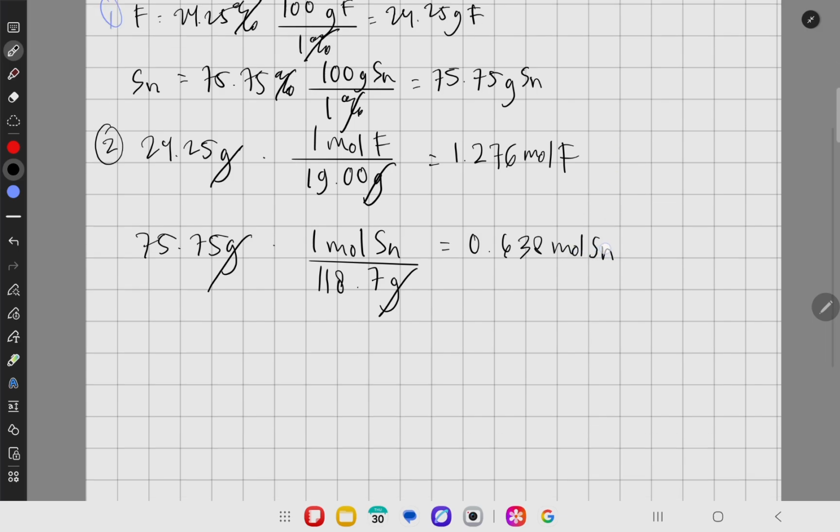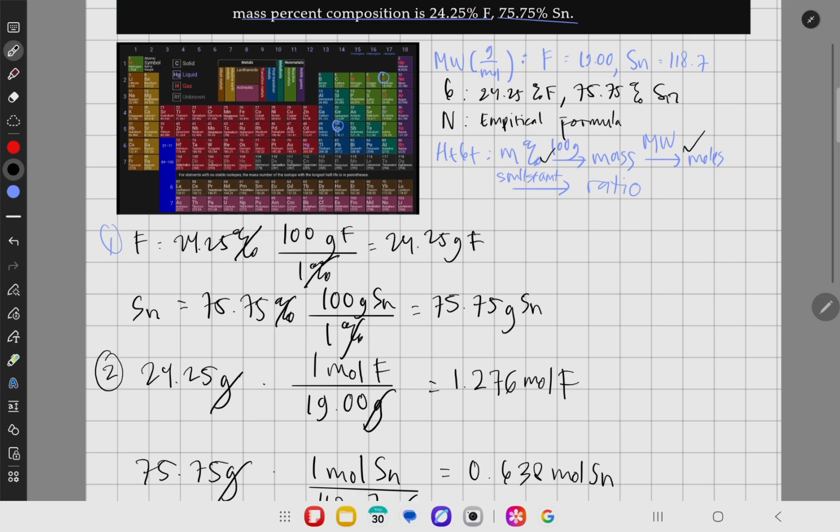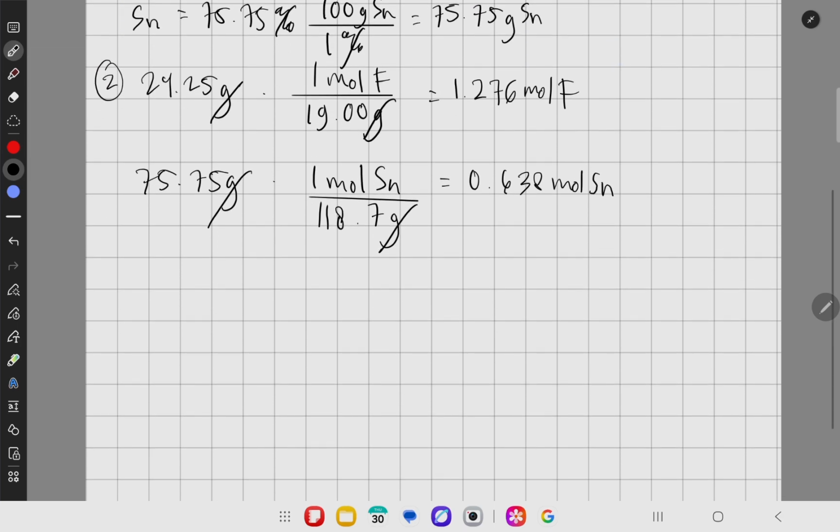Okay, and then we can checklist this, and then we need to find the ratio, right? We need to find the ratio for the empirical formula by determining the smallest amount of the moles.